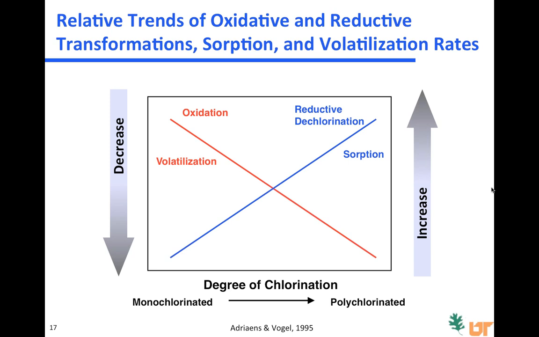These polychlorinated chemicals have a high tendency to undergo reductive dechlorination, but they also have a tendency to sorption. Obviously, the size of the molecule, in other words, how many carbons you have in your compound of interest, also plays a role here. On the left-hand side, monochlorinated chemicals are much more likely to undergo oxidation, and they have a tendency to volatilize.